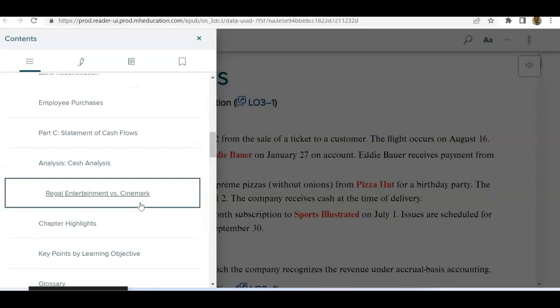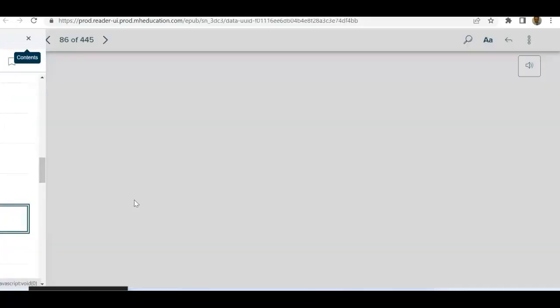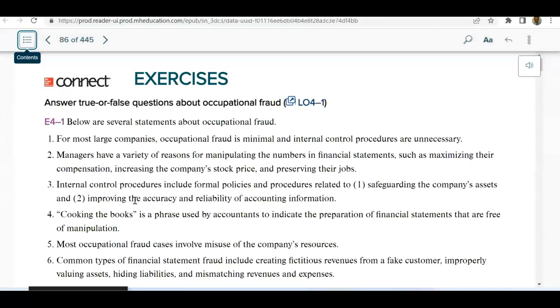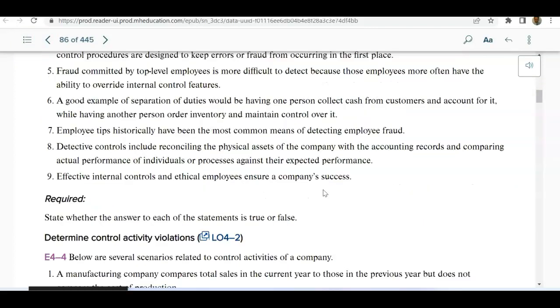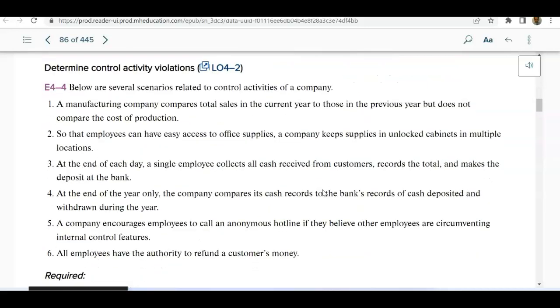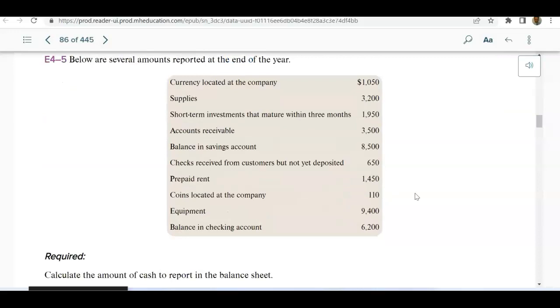Okay, so let's go and do some exercises. Exercise 5, then 9, and then 10. So here is exercise 5. It says below are several amounts reported at the end of the year.